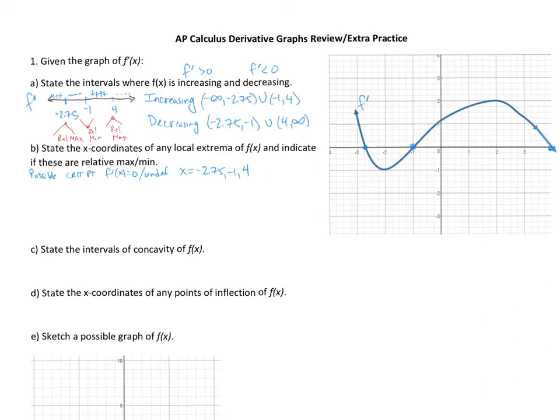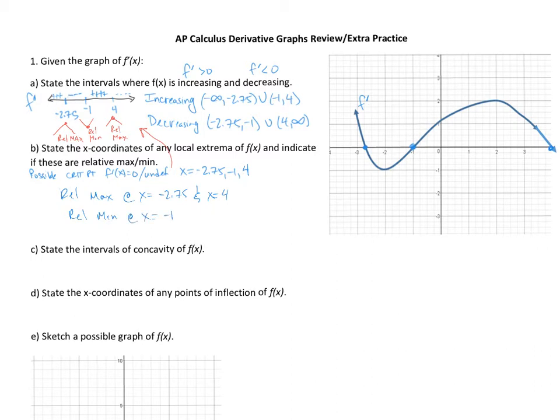So let's go ahead and write that down because we examined it from our number line. What we have here is relative maximums at x equals negative 2.75 and x equals 4. We have a relative minimum at x equals negative 1.